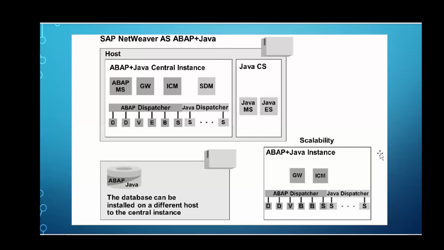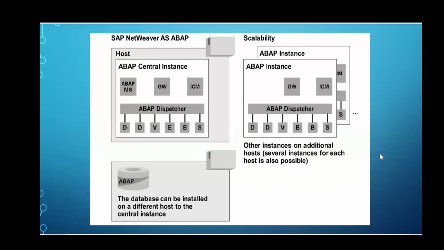So what is the takeaway? You have seen the block for ABAP, you have seen the block for Java. What is the takeaway for this dual stack? Anything new which you could see, or is everything the same as the two blocks you saw earlier? Maybe I will have a look here. This is for my ABAP.